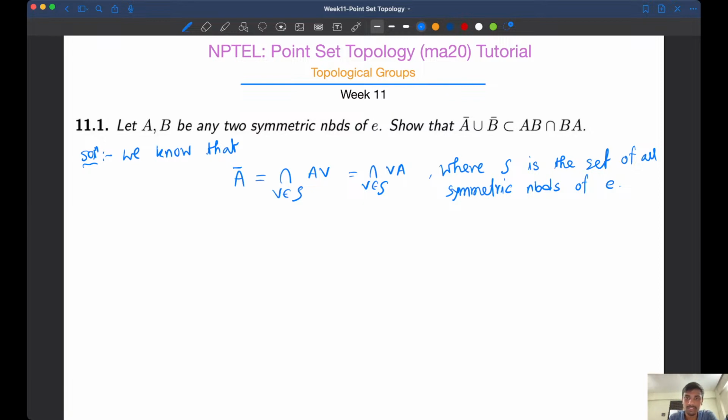Instead of taking symmetric neighborhoods, it is also true for any neighborhoods of E. So that is also the same as this A closure.